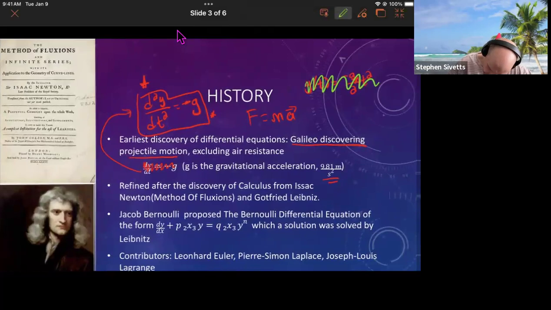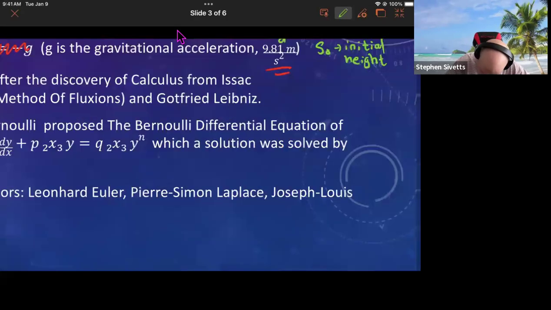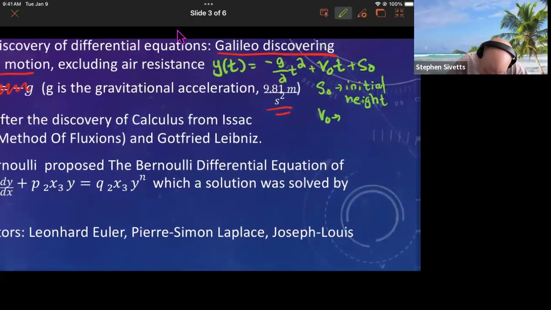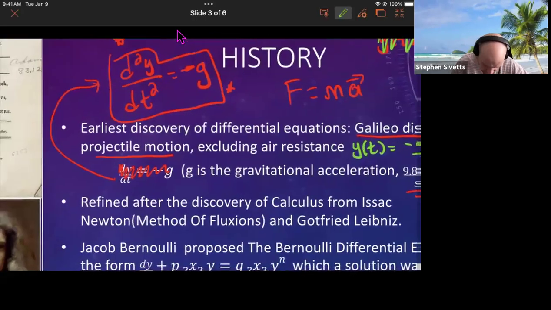So the equation for projectile motion: y of t equals minus g over 2 t squared plus v naught times t plus s0, right? s0 is the initial height, the initial displacement, and v0 is the initial velocity, right?